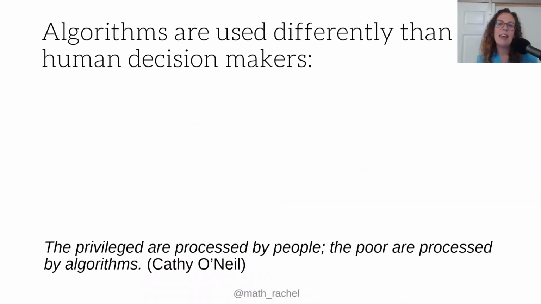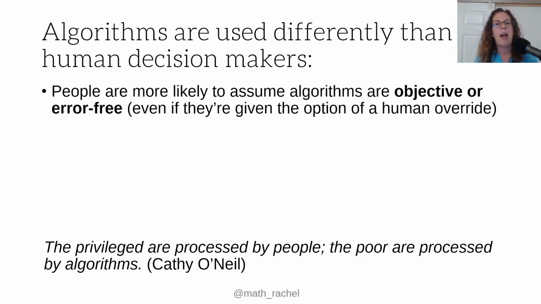Another reason that algorithmic bias is a concern is that algorithms are used very differently than human decision makers in practice. People sometimes talk about them as though they are plug and play interchangeable: if a human has this bias and the algorithm has that bias, why don't we just substitute it in? However, the whole system around it ends up being different in practice.